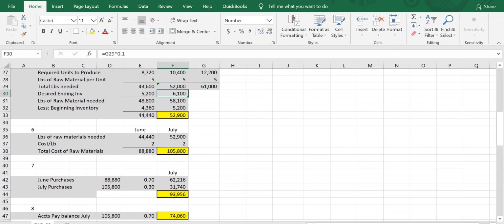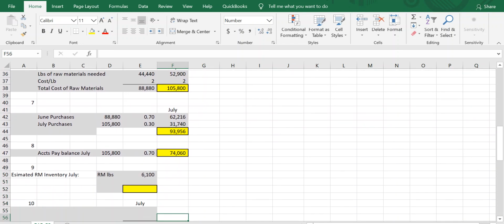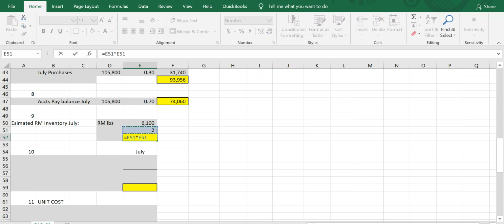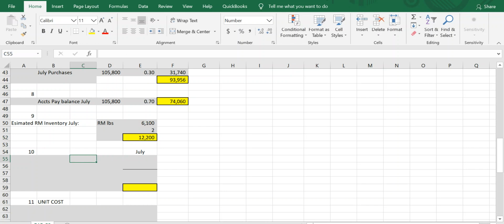So we take that raw material balance of 6,100 and multiply it by 2 to get the cost of that inventory. It's going to be 12,200.